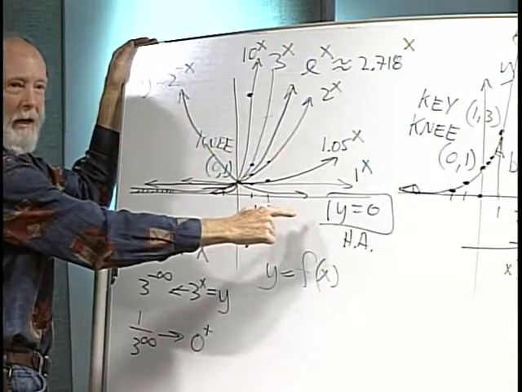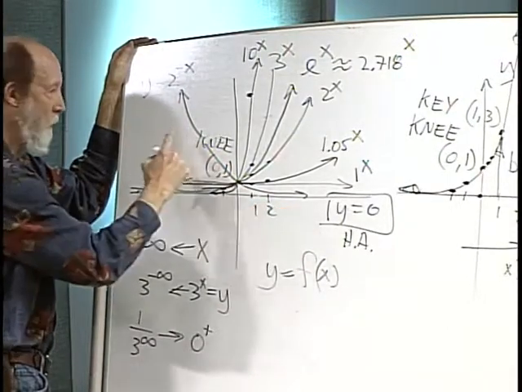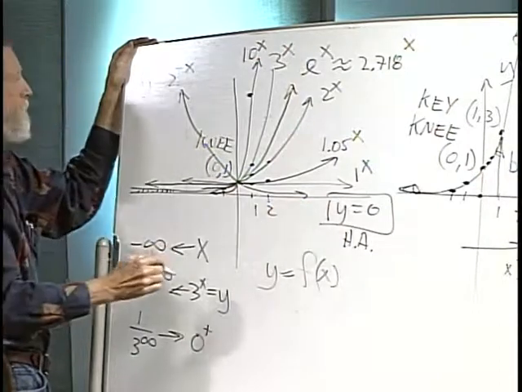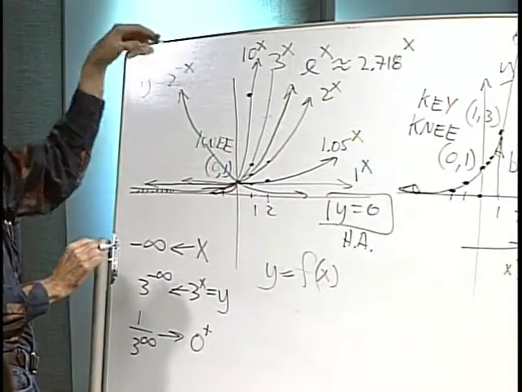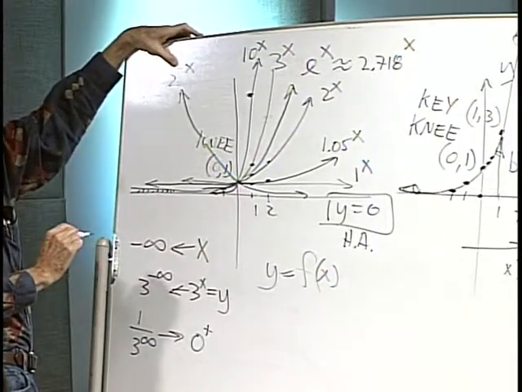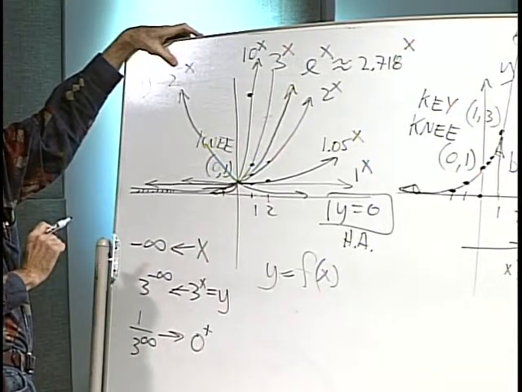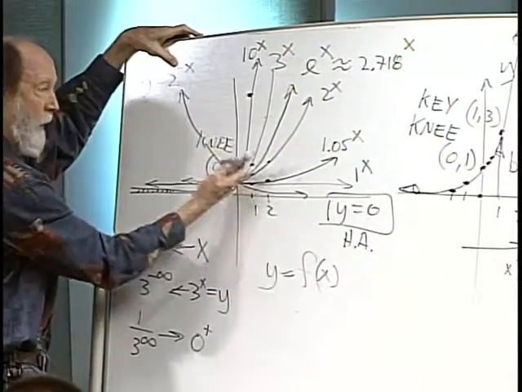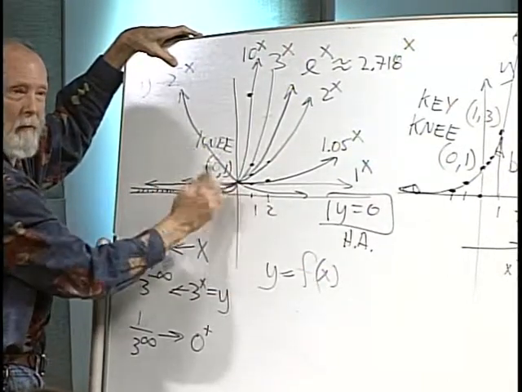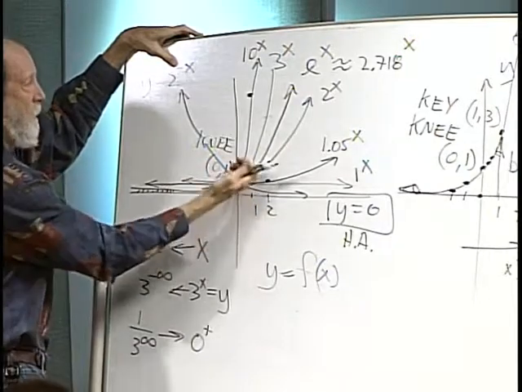It's obvious that it's decaying in value as you move through the domain. Everybody comfortable with that? If you ever replace x with minus x on a function, it turns it around the y-axis. That's something we studied quite a while ago.